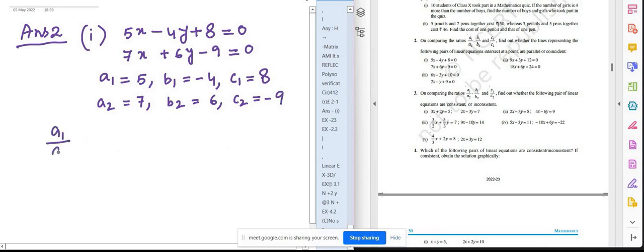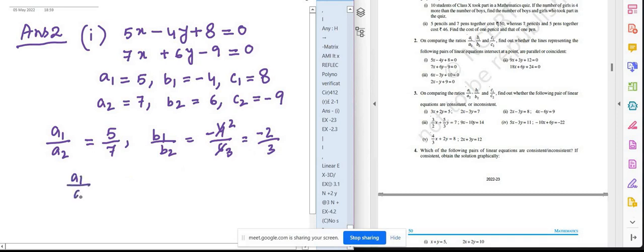Now A1 by A2, what are we getting? 5 by 7. B1 by B2, we are getting minus 4 by 6. Cut 2 twos are 4, 2 threes are 6. So minus 2 by 3. So clearly A1 by A2 not equals to B1 by B2. So C1 by C2 no need to find.